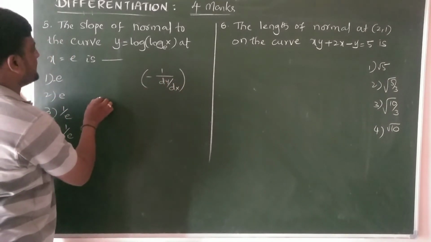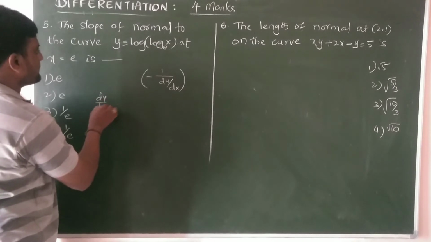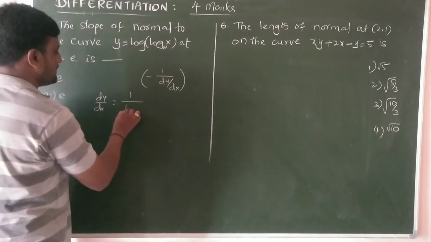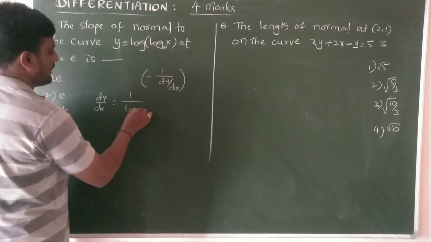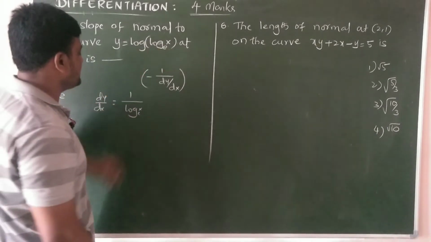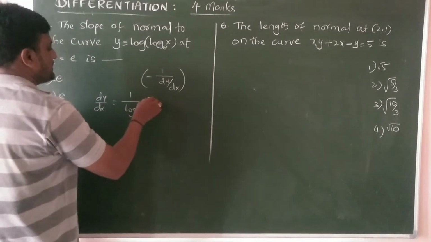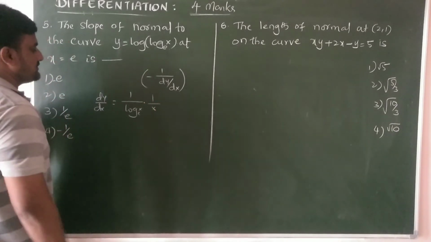Let us do the problem. First of all, dy by dx equals what? 1 by log x, in the place of x, log x. Again we can do this one, 1 by x.